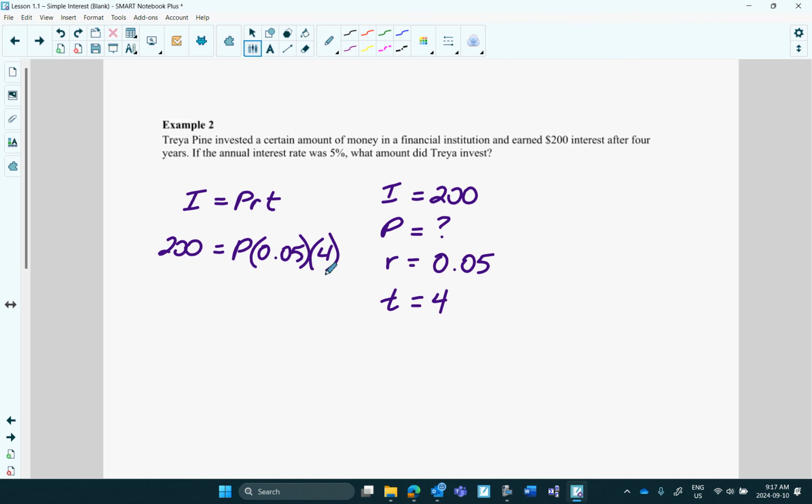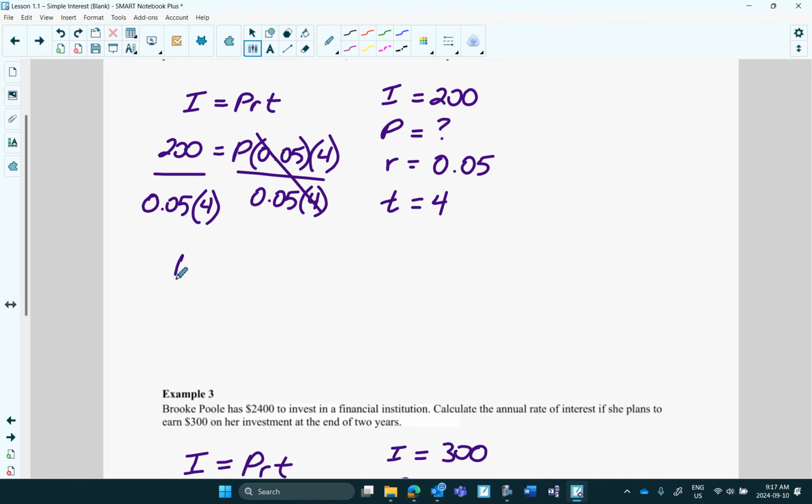So to find the principal, I have to do 200 divided by 0.05 times 4, and you got to do that multiplication first before you divide. And you should get $1,000.